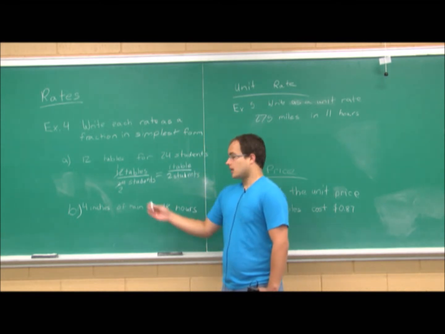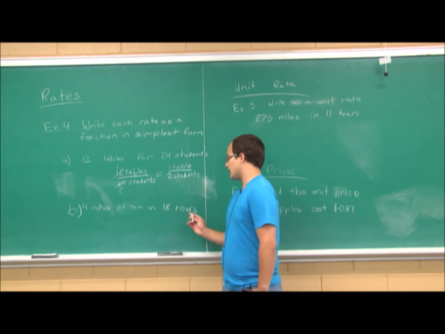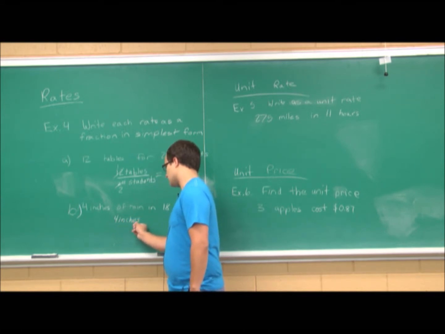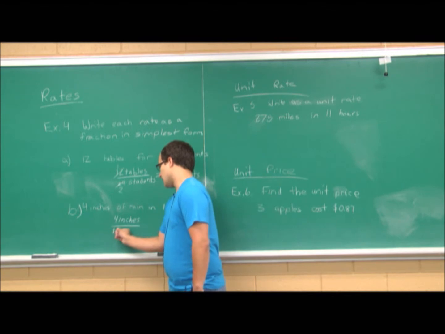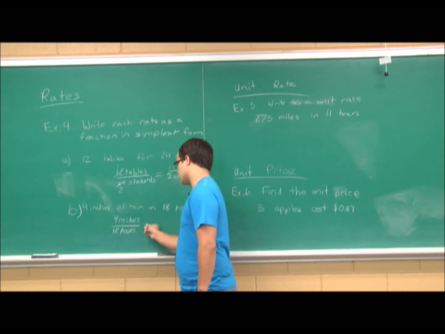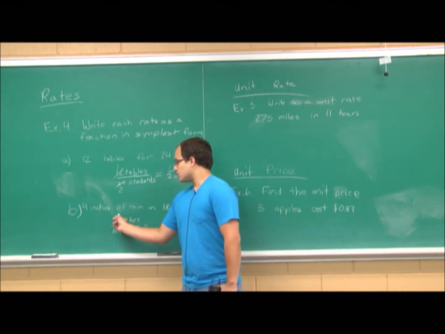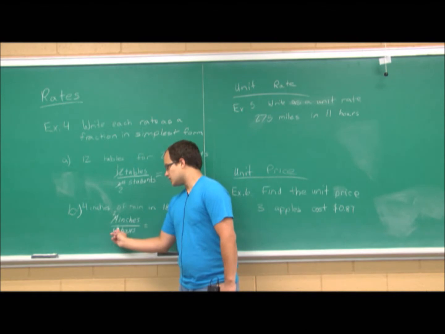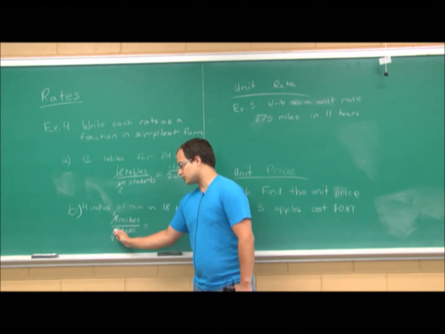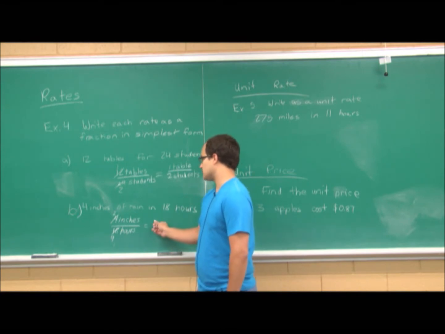Okay. Now part B, 4 inches of rain in 18 hours. So 4 inches in 18 hours. Well, I know 4 can be reduced by 2, so can 18. 2 goes into 4 twice, 2 goes into 18 9 times.